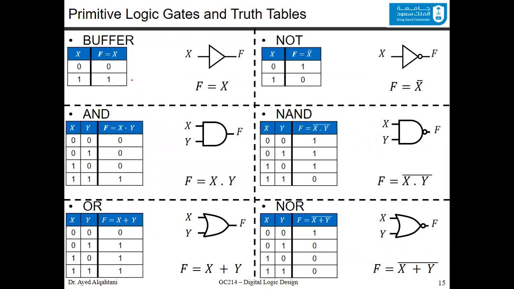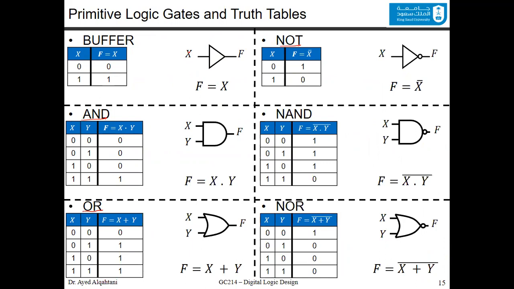Now we will see the primitive logic gates and truth tables. These are the primitive logic gates that we discussed. We discussed the AND, NOT, and OR. Additionally, we have a buffer, which is kind of the opposite of the operation of the NOT.